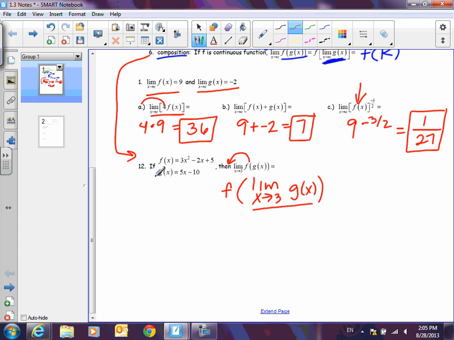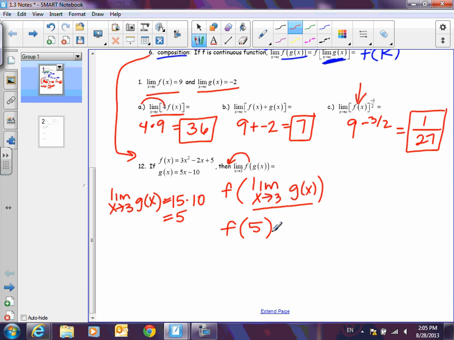So let's find the limit as x approaches 3 of g of x. What is that? Yeah, you plug in 3 right here for x, you get 15 minus 10, and that equals 5. So this whole thing is 5. We got that just by plugging the 3 in.